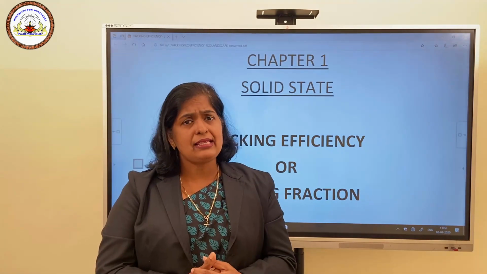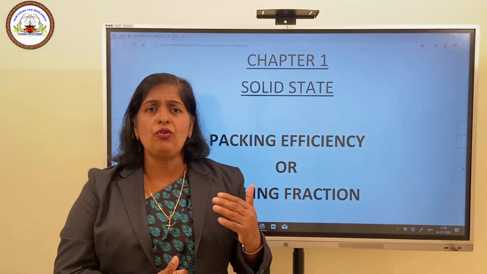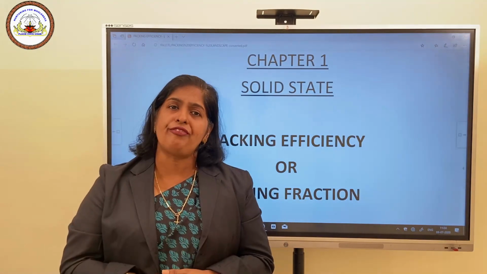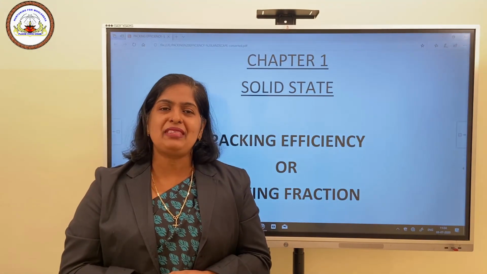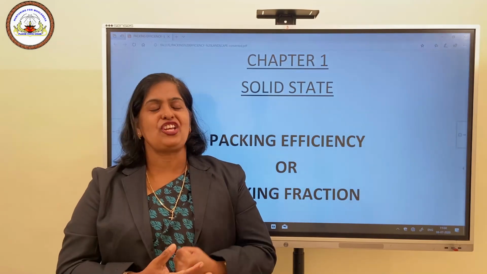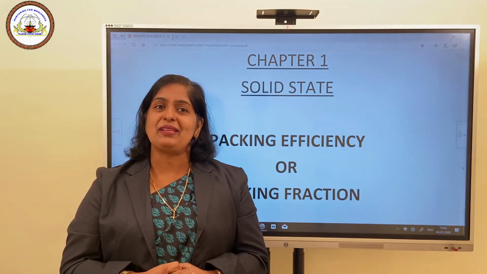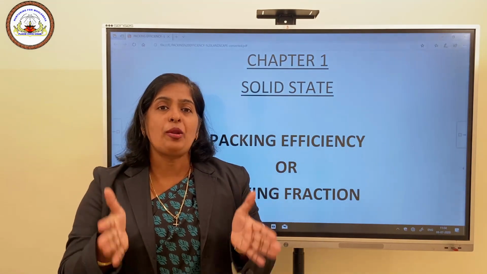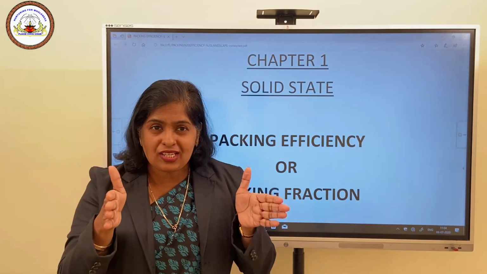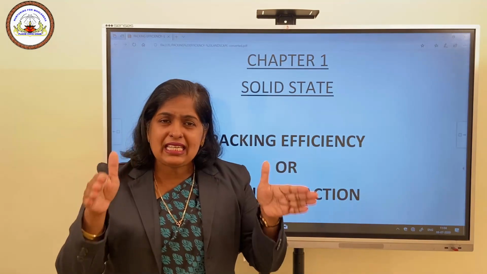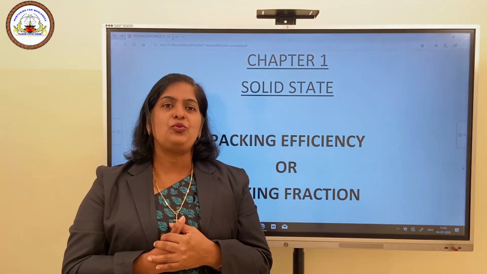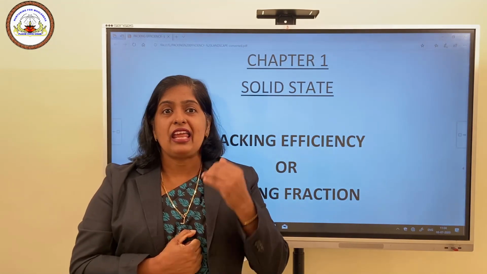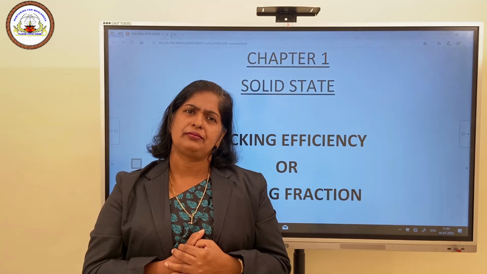If a fuel makes a vehicle move for a long distance by using a limited amount of fuel, we name that fuel as efficient fuel. Similarly, if a large number of substances or particles can be accommodated in a limited space, we name that packing or arrangement an efficient packing.